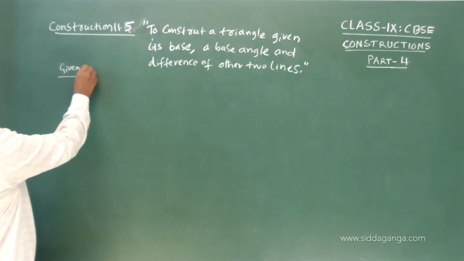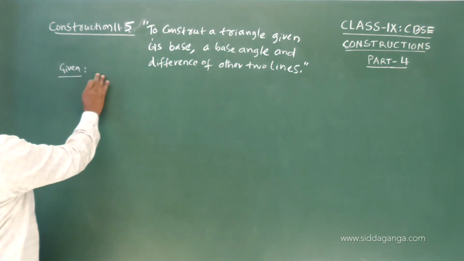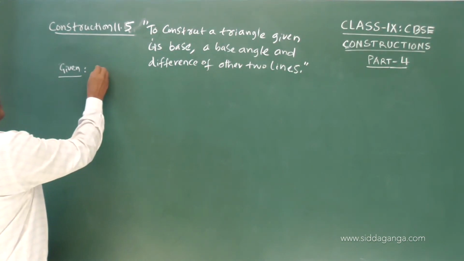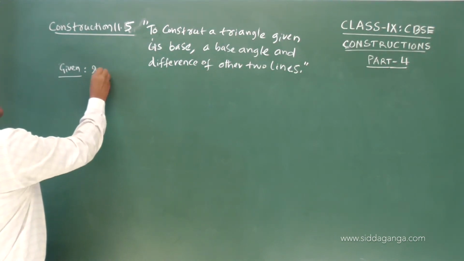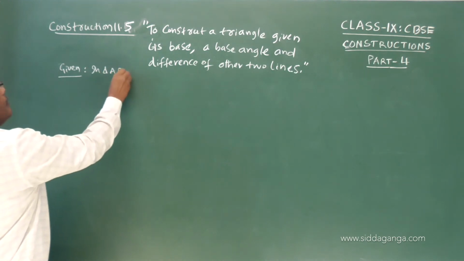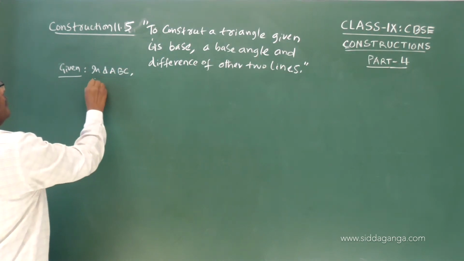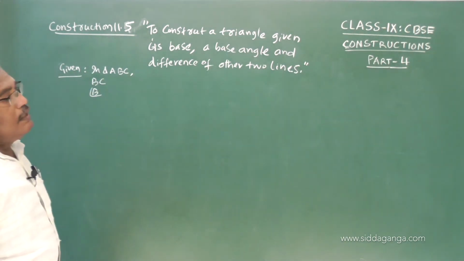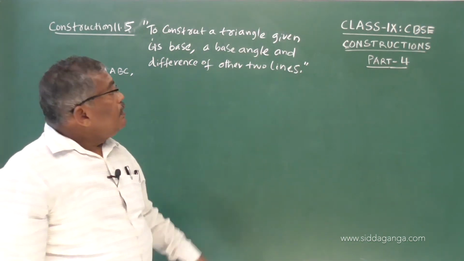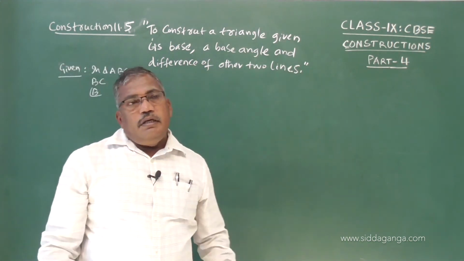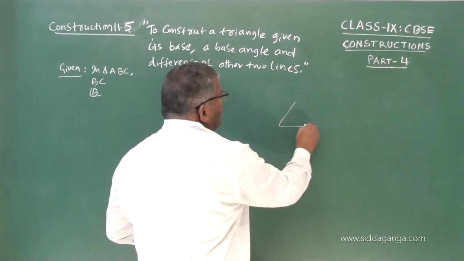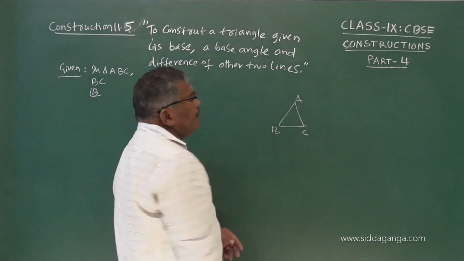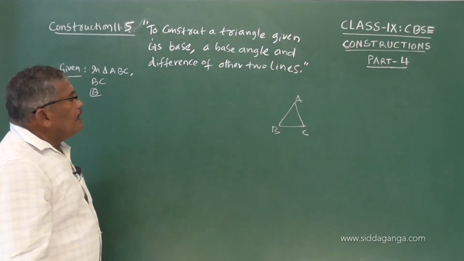So given, what is given here? To construct a triangle ABC, the base is given. In triangle ABC, BC is given, angle B is given, and as I told you, the difference of two lines means either AB will be greater or AC will be greater.